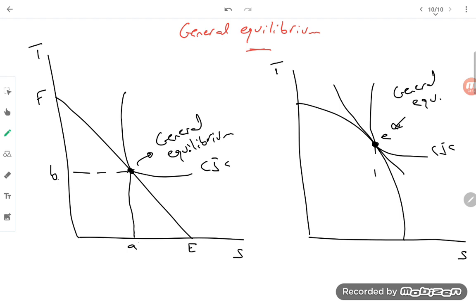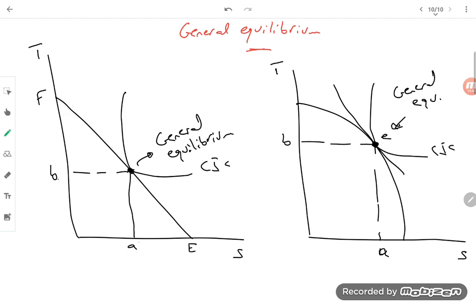As at this point, consumers are going to maximize their own satisfaction when they consume A units of soybeans and B units of textile, and the producers are going to maximize their profit when they produce A units of soybeans and B units of textile.